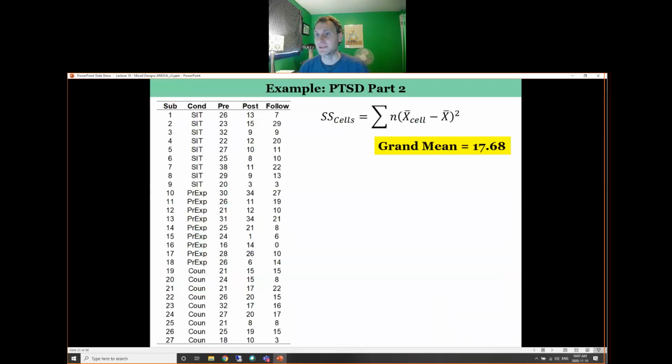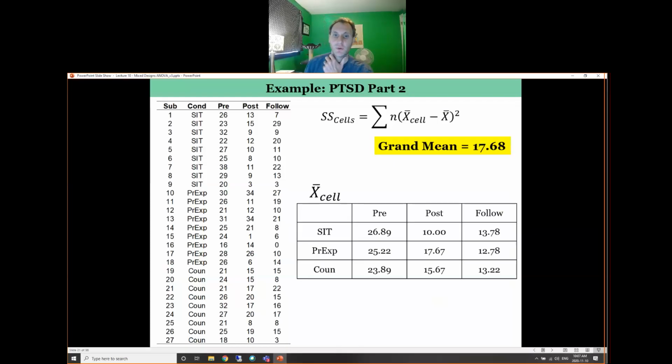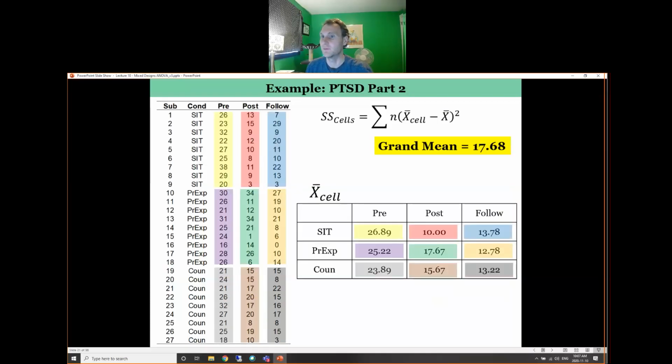Next, I can compute my sums of squares cells. Remember, when computing interactions, the first step is the sums of squares cells, which is not the interaction term. It's a step along the way, but it's the first step that we have to do. So here I've computed the mean for each cell. So there I have my stress inoculation therapy pre-cell, my stress inoculation therapy post-cell mean, and so forth.